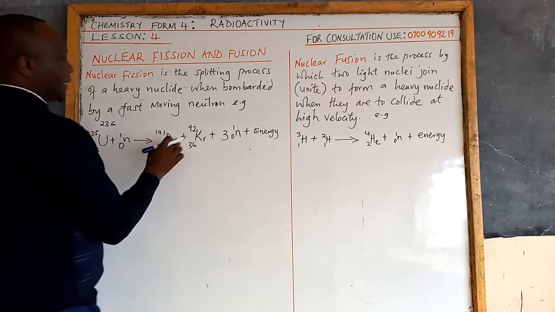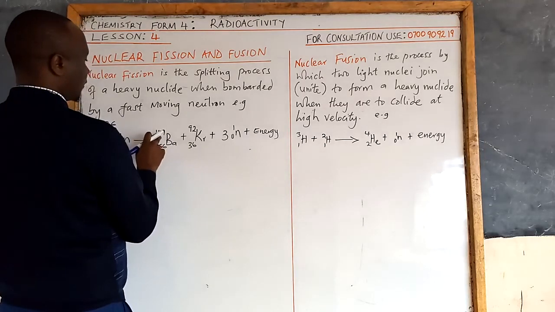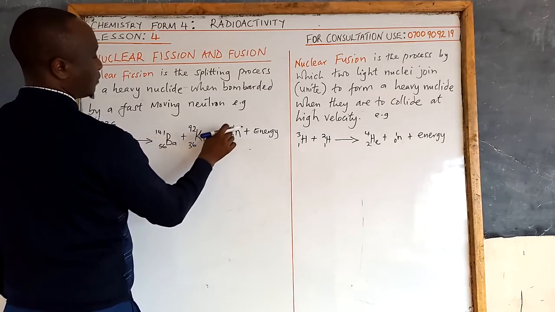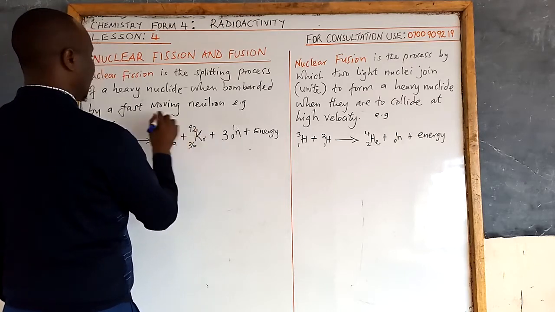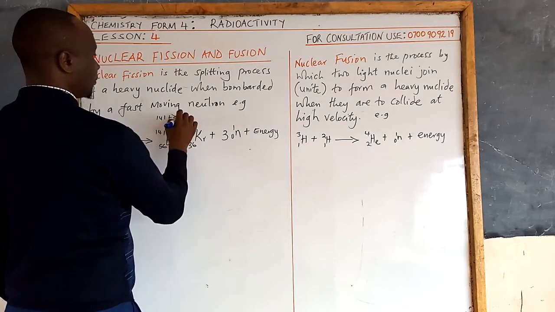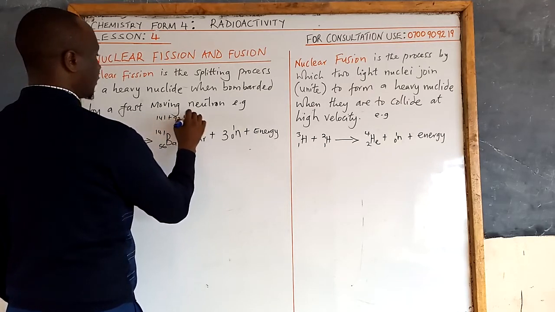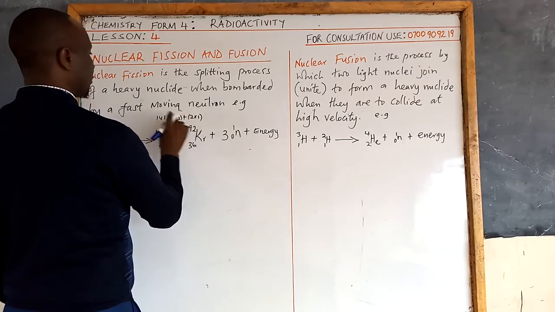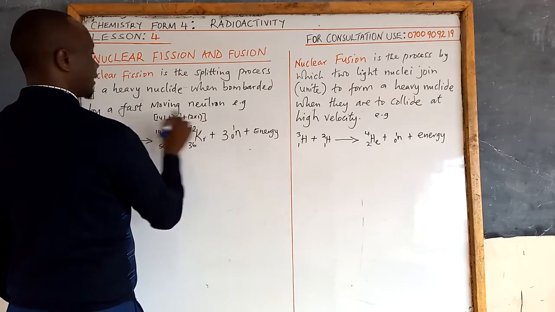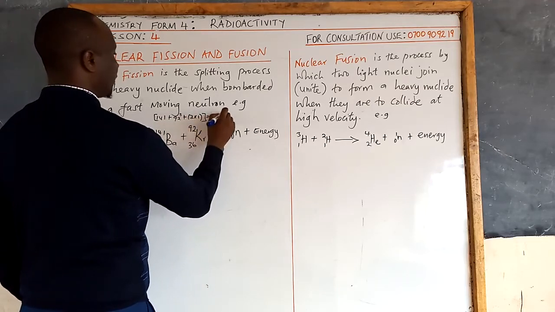While on this side, if you take 141 plus 92, then 3 times 1, that will be 3. So here you have 141 plus 92 plus 3 times 1. This will give us a total of the same as this one, 236.